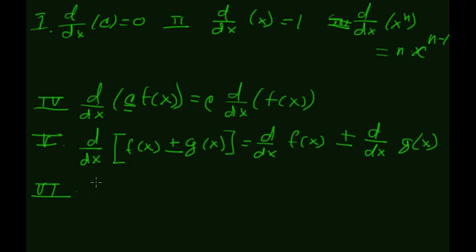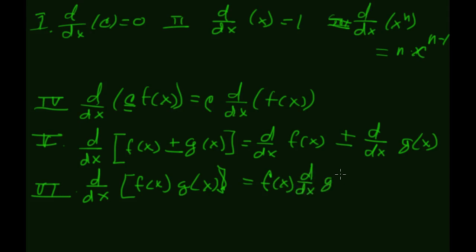Number 6 is not, it's what we call the product rule. Okay, so the product rule says that if I have the derivative of f of x times g of x, then this is going to be f of x times the derivative of g of x plus g of x times the derivative of f of x.